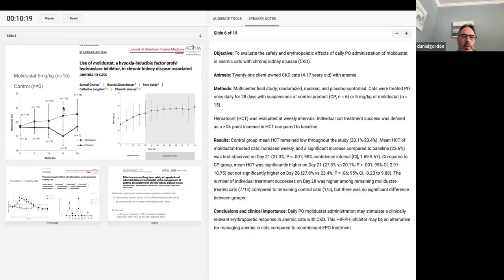It's kind of interesting that the placebo group did drop, and we're comparing one group that is increasing versus one that is not necessarily getting the drug, that is dropping. So, is it truly significantly different between the two groups?